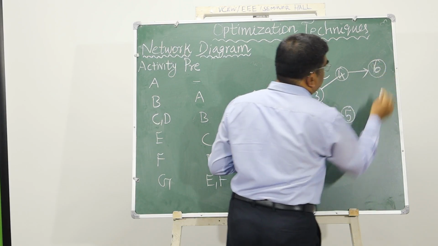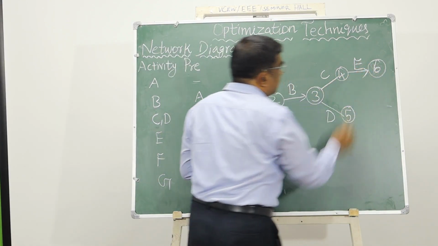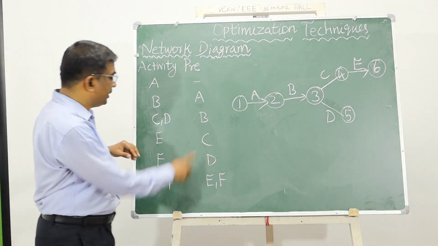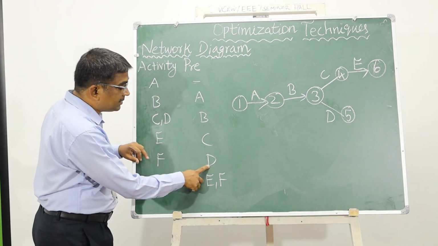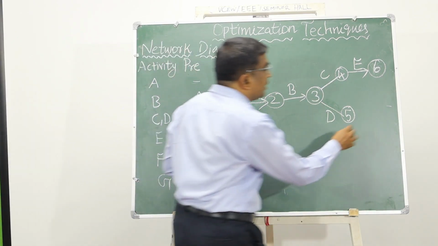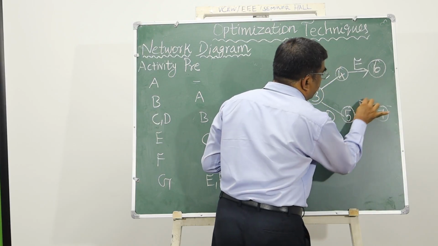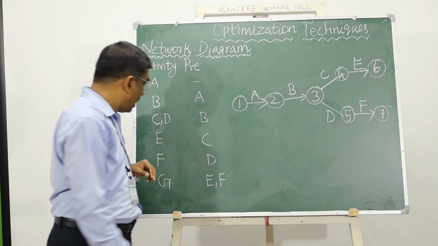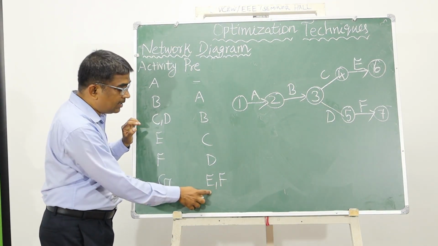State 6, the activity is E, so C to E is E. Next, D is the predecessor of F. So I can mark the next node, 7, and this activity is F. This is the connection of E and F.